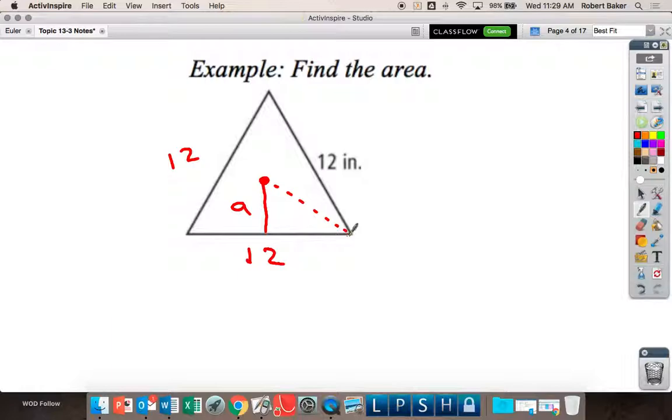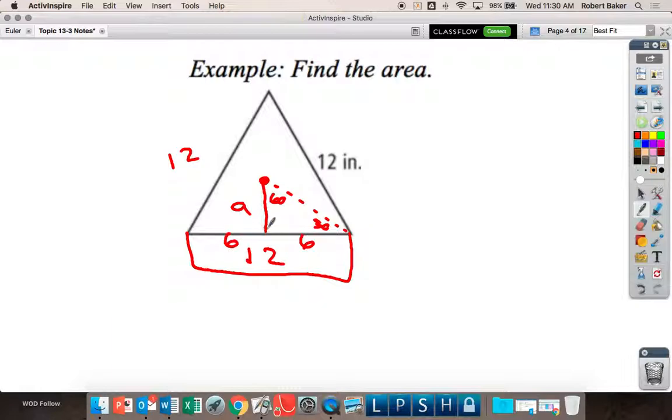But where does the 30 go and where does the 60 go? The 60 goes in the middle. And if you forget that, you know that in an equilateral triangle, which is also equiangular, this whole angle is 60. And you cut 60 in half and you get 30 there. So right now I know that this entire measurement is 12. How big is each piece?